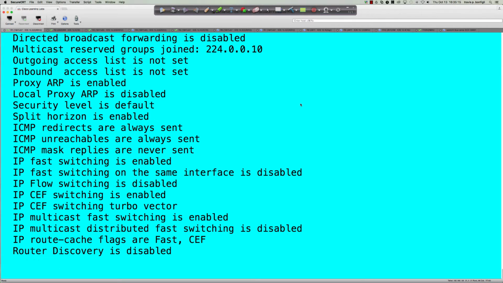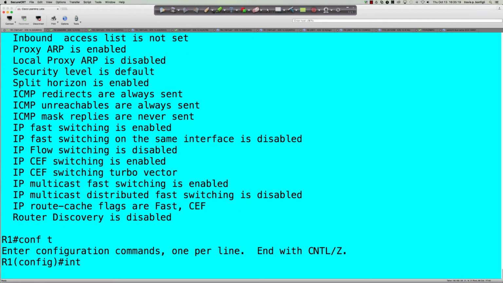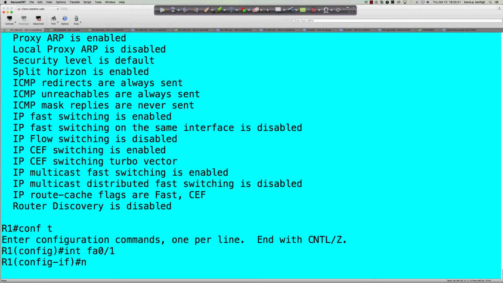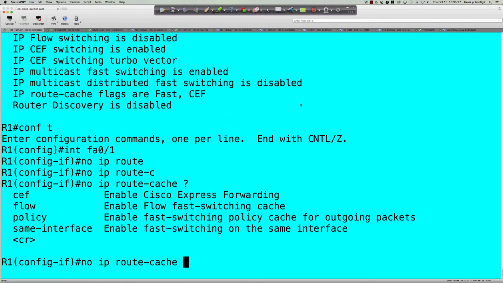So how do I turn off CEF switching on that interface? Well, we go into global config, I say interface FastEthernet 0/1, and we say no ip route-cache. And what are my options? So I've got cef flow, which is for NetFlow, policy and same-interface, those are outside our scope here.